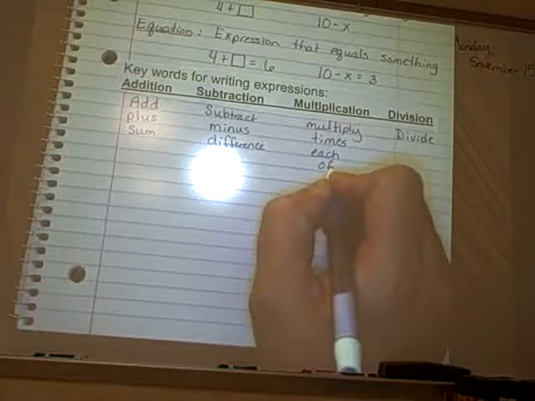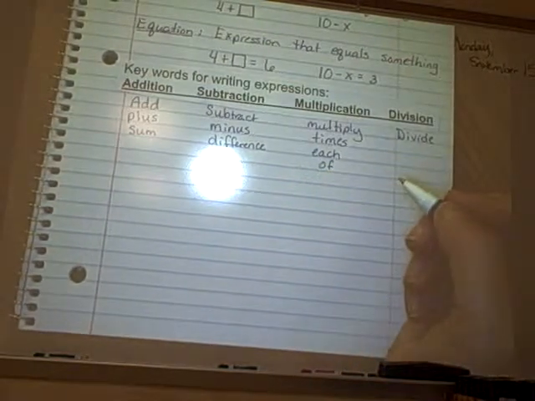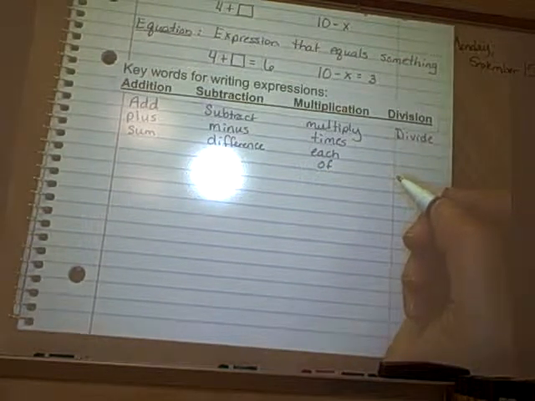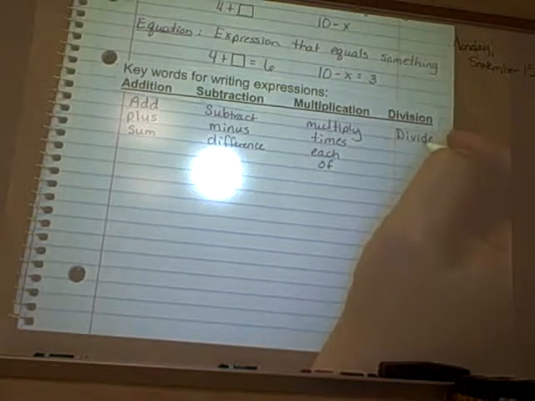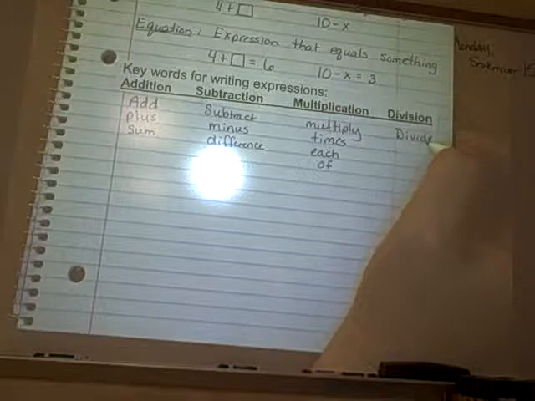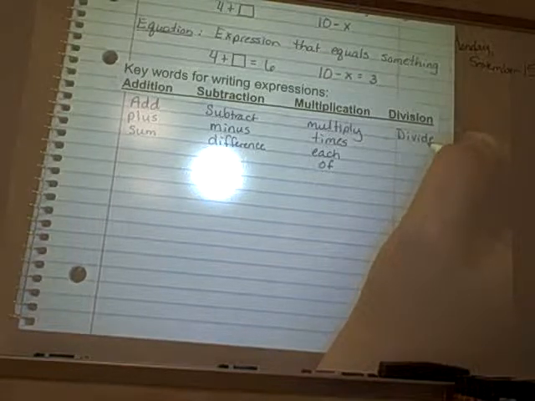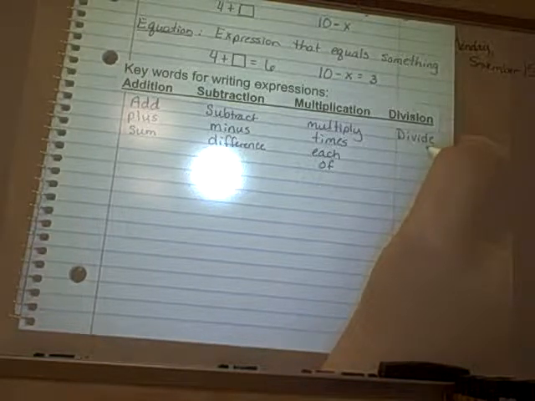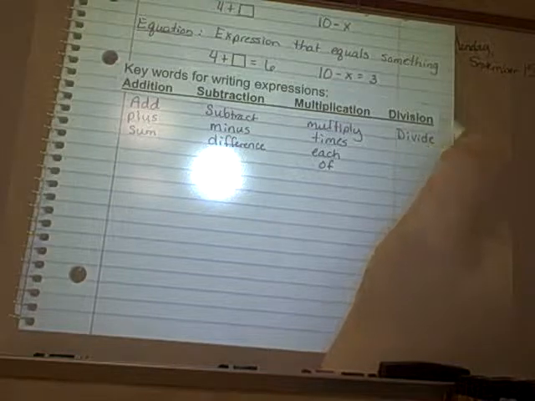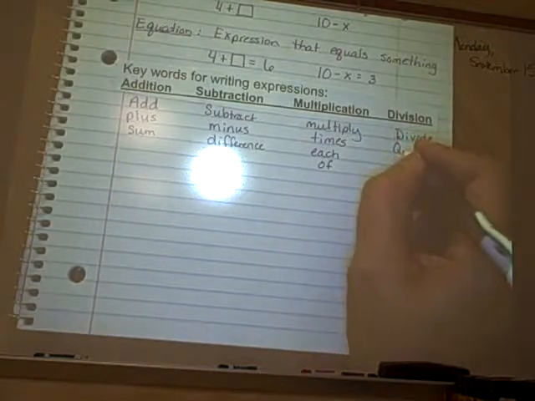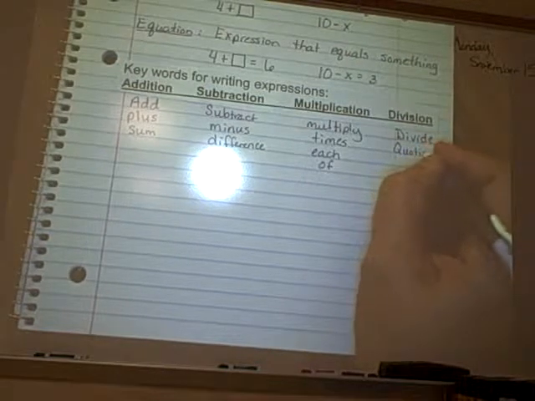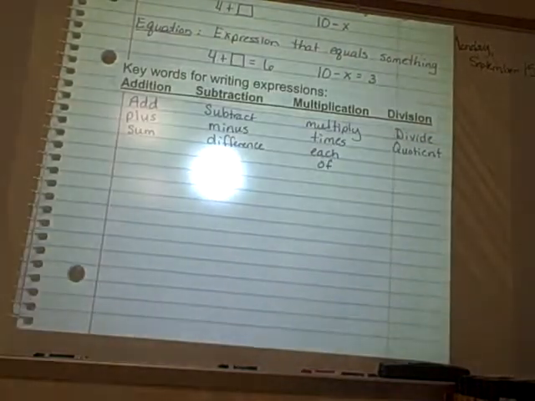Of is a good multiply word. Any divide words y'all can think of? We did divide. What did you say? Like divide by. Yeah, a lot of times it would have divide by. Quotient is the mathematic word that your math teacher probably used.